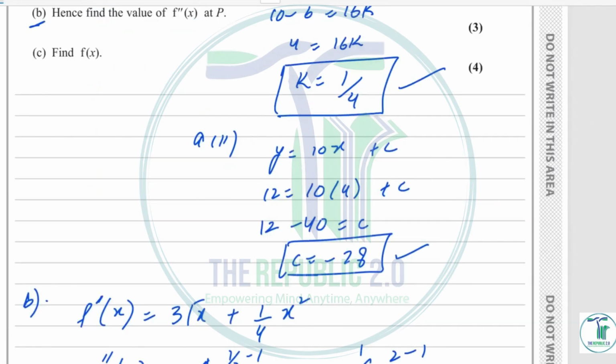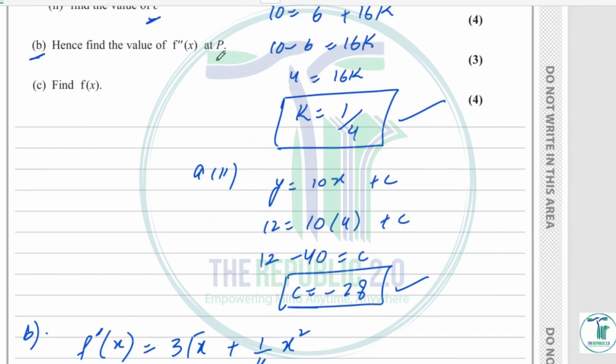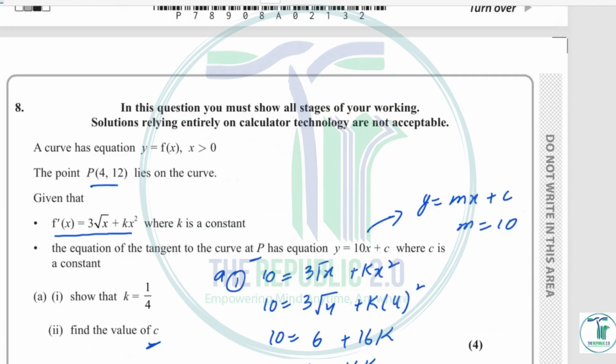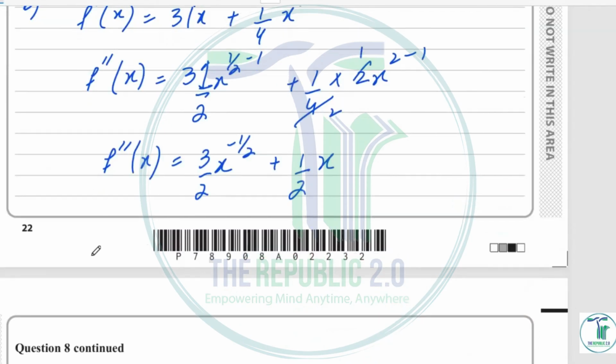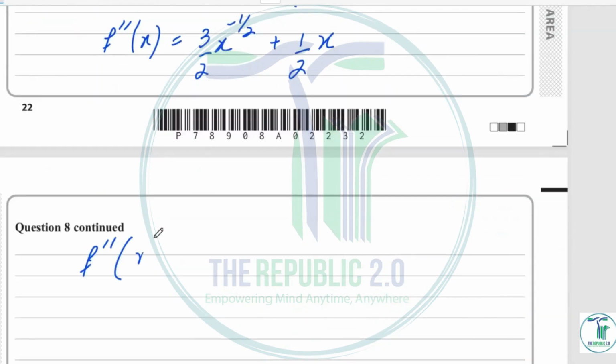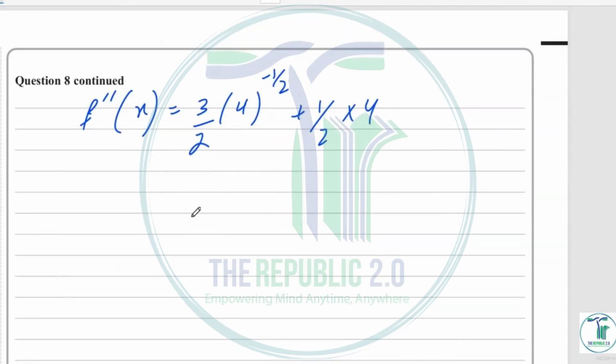The thing is that we need to find the second derivative at the point P, and point P was (4, 12). So I'm just going to plug that in as well. So f double prime of x equals 3 by 2 times 4 to the power of negative 1 by 2 plus 1 by 2 times 4. Now I'm just going to work this down. 4 to the power of minus 1 by 2 can also be written as 1 over root 4, then plus 2.